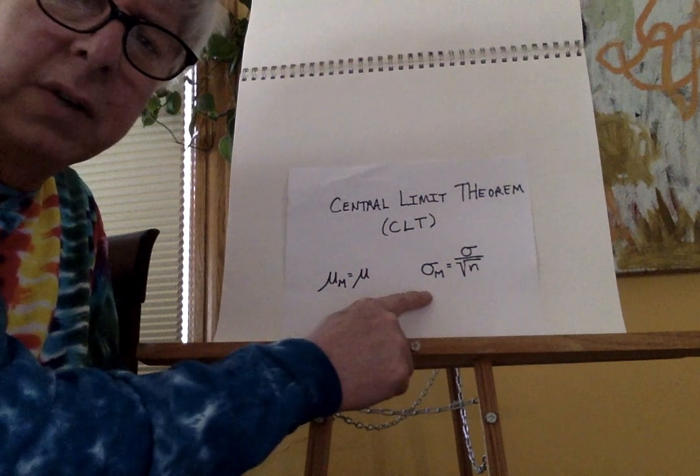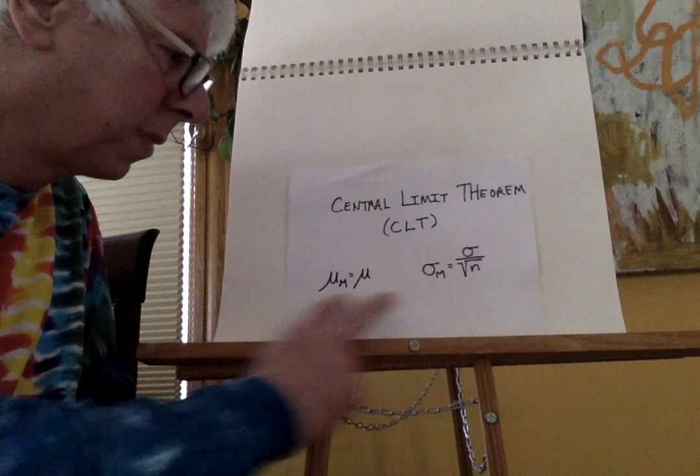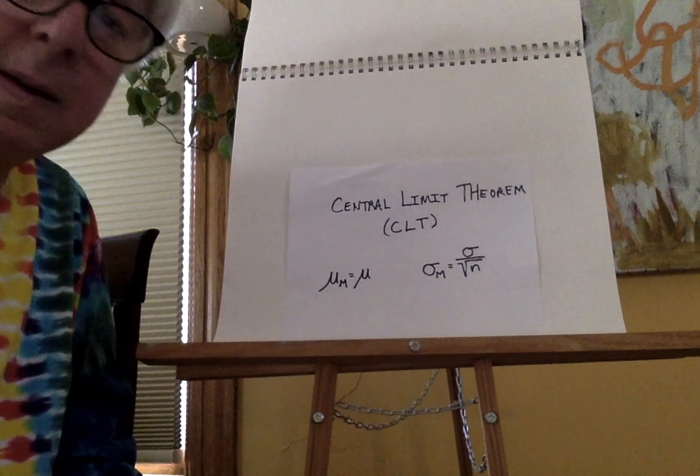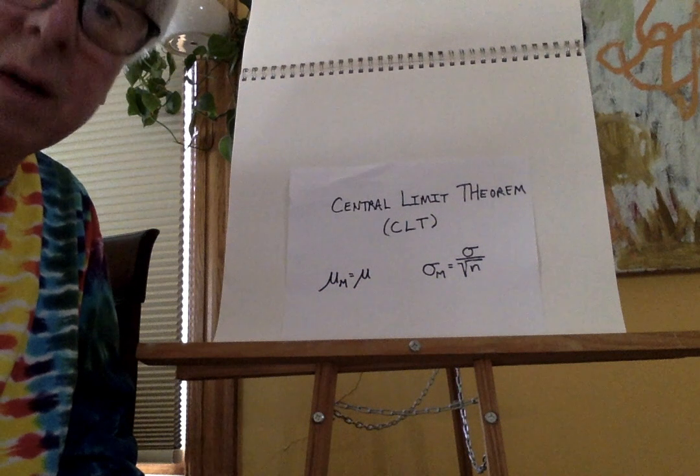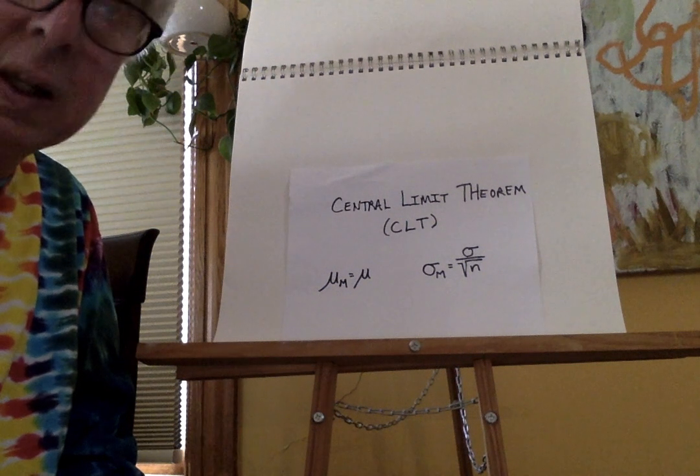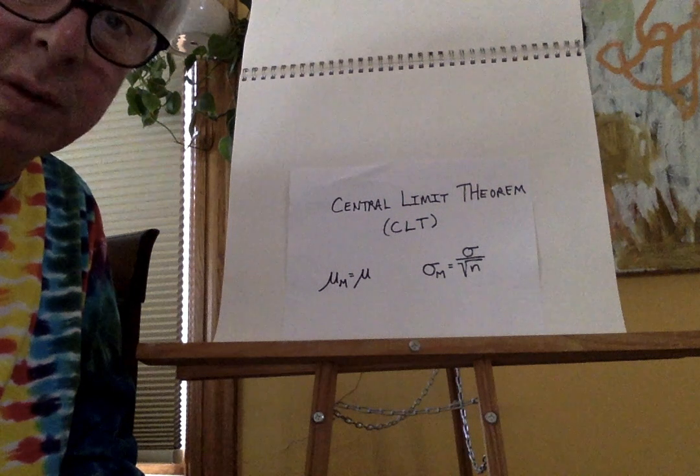Here's the second part of the central limit theorem. Two parts. First part, second part. The second part relates to the variability of the sampling distribution.